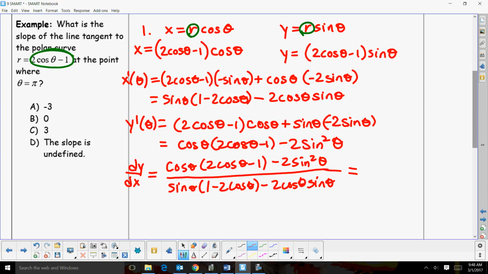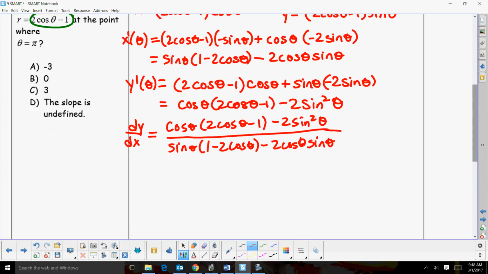Josiah? No? How are you going to do this? Are you just going to go underneath with no equals and plug in pi? That'd be fine. Or I could say that dy dx evaluated at pi equals, if we want to get good notation.